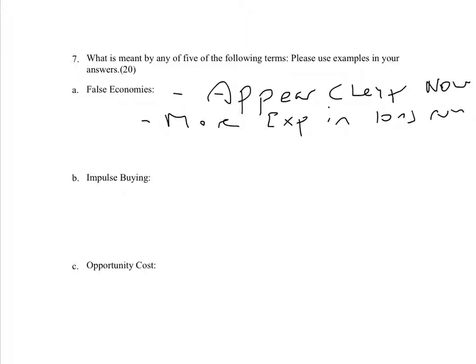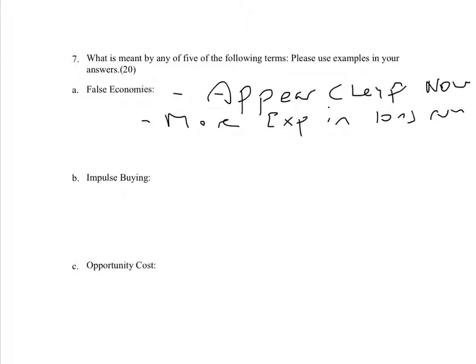So the example we would have used in class is, if you had 2 bags, one was a €5 and one was a €10, the €5 bag appears cheaper, but if you have to keep replacing it, it eventually becomes more expensive. So a false economy, as I said, it appears cheaper now, but in the long run is more expensive.